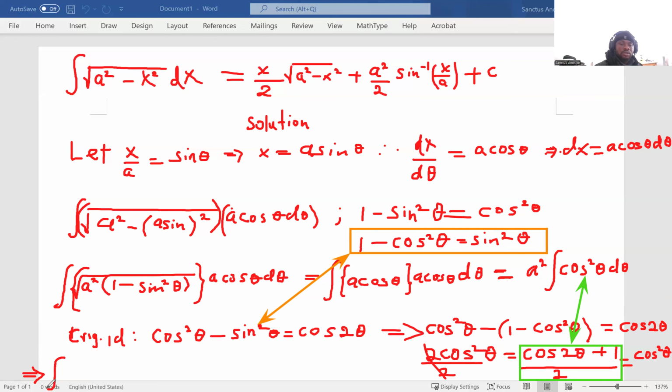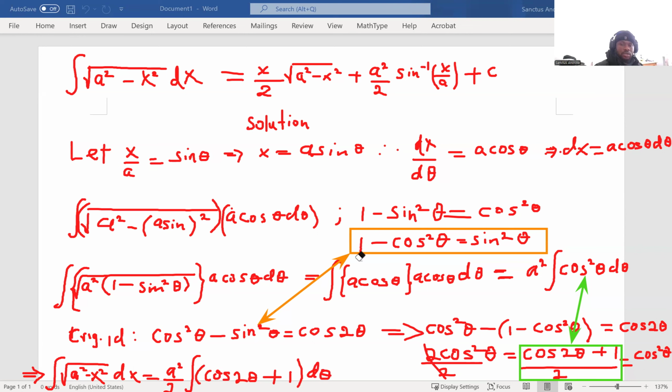So the integral of root a squared minus x squared dx is equal to a squared over 2. So this is over 2. Then we'll say integral of cos 2 theta plus 1 d theta.